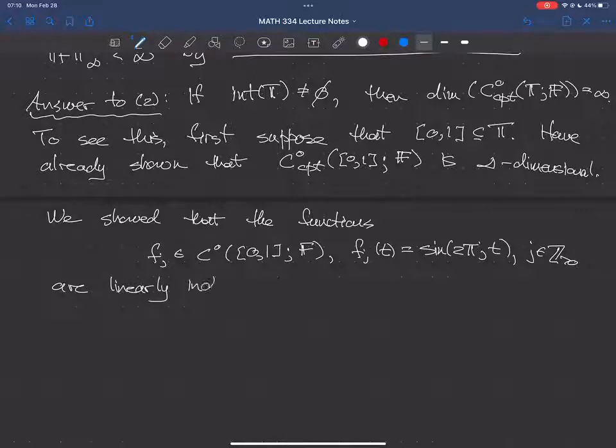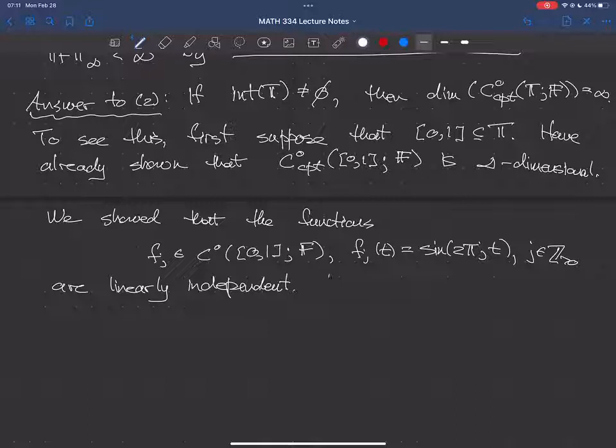This is one of our examples of an infinite linearly independent set. So we have to think a little bit to make sure that that actually gives us something useful here.